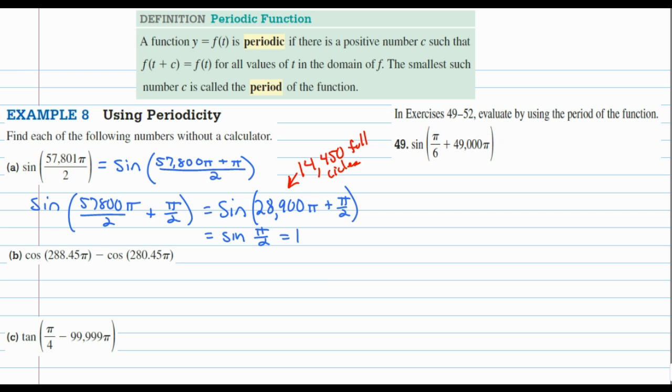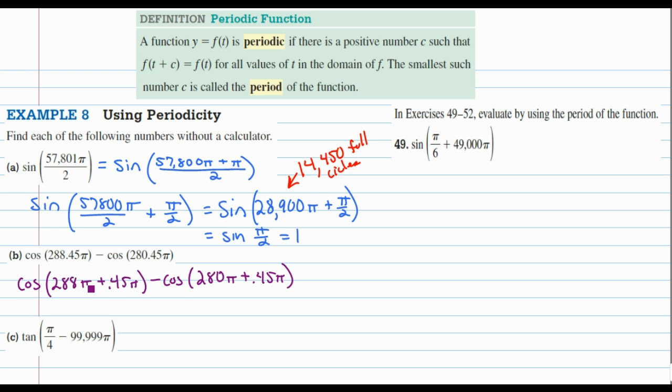Now part B, the cosine of 288.45 pi minus the cosine of 280.45 pi. Well, cosine's period is also 2 pi, so I take the cosine of 288 pi, which is divisible by 2, plus another 0.45 pi, and then subtract the cosine of 280 pi plus 0.45 pi.